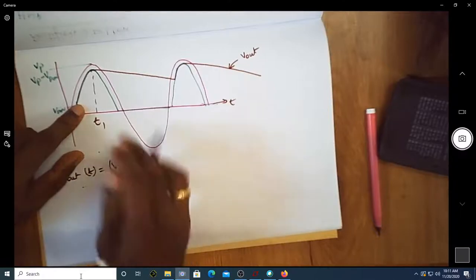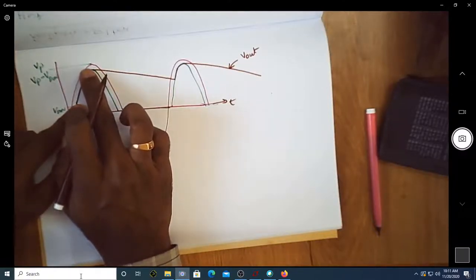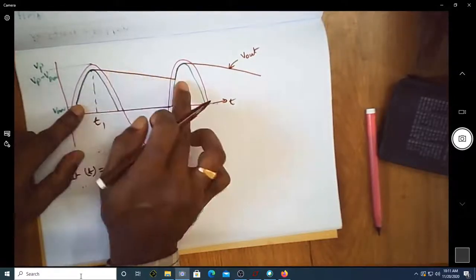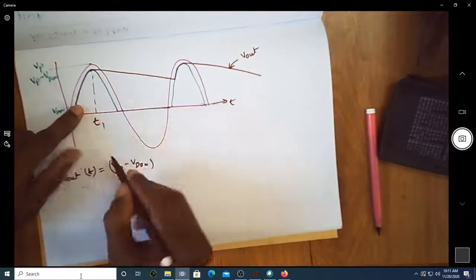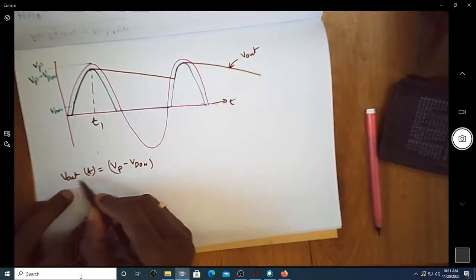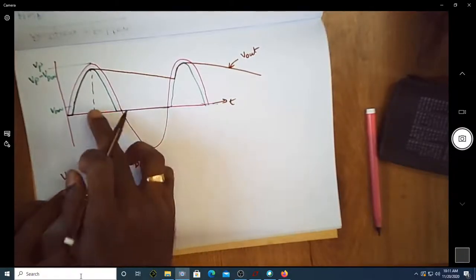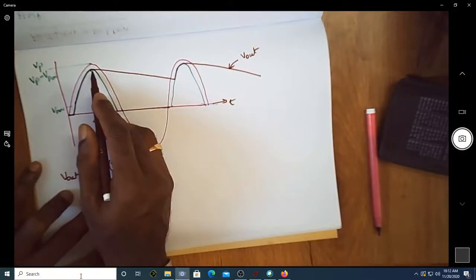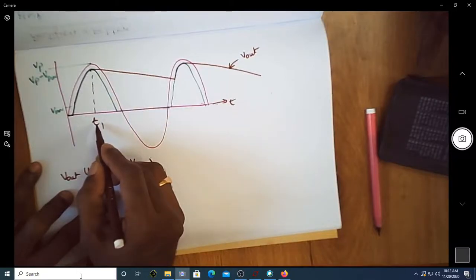We are interested in the magnitude of the capacitor voltage during this period. So we are trying to write V out with respect to time during this discharge period. We start with the initial voltage of the capacitor at the point when the diode goes off.